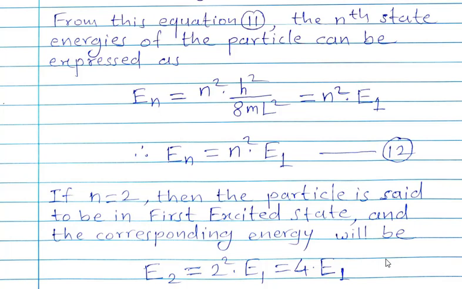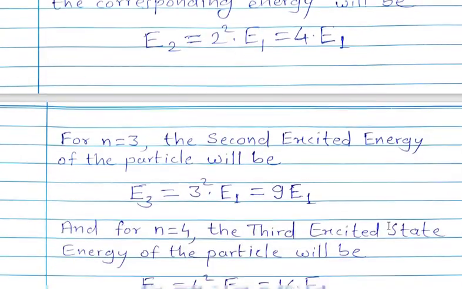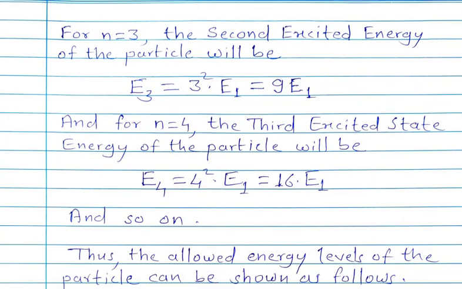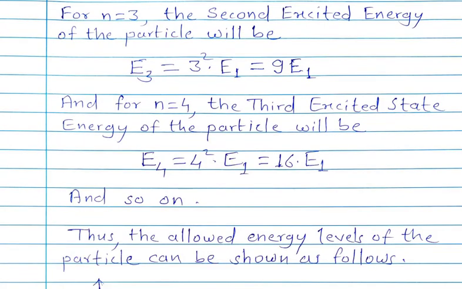In the same way, if the particle is there in the second excited state, then the value of this n will be equal to 3, and its second excited state energy will be given by E3 equal to this 3 square times E1, which is 9E1.